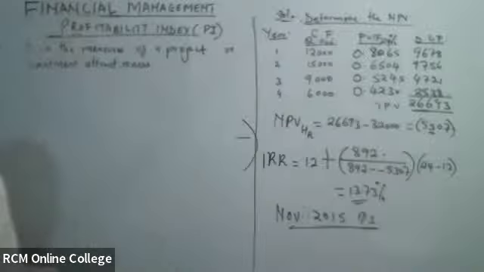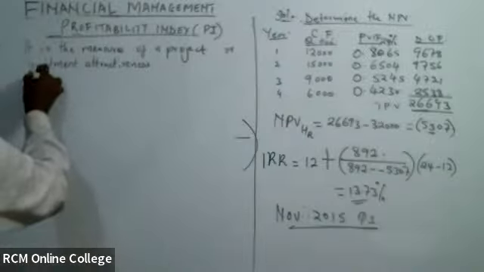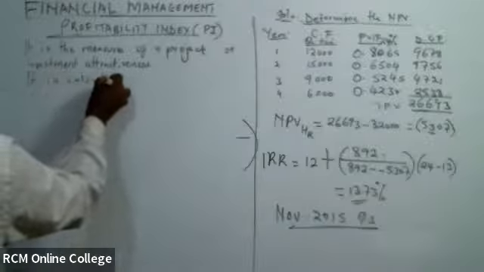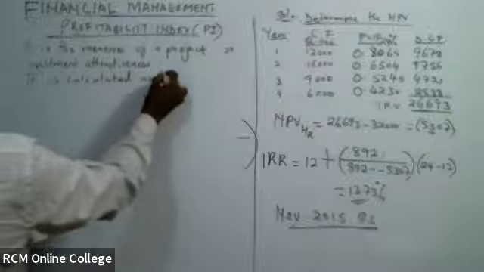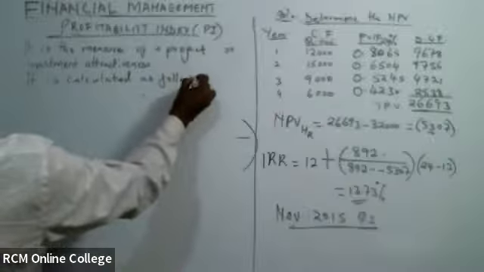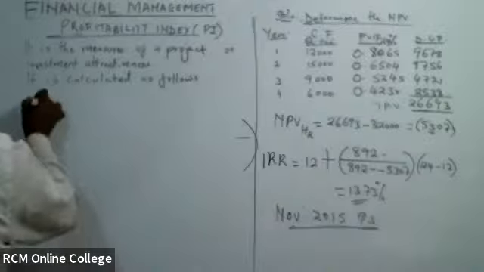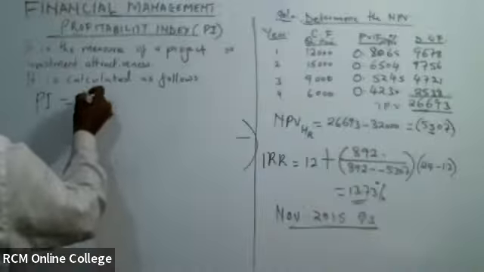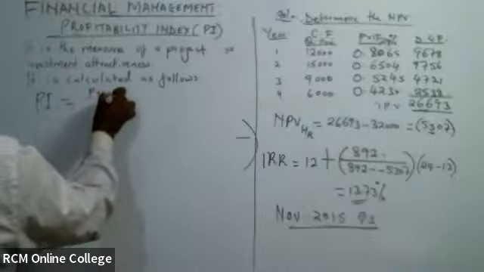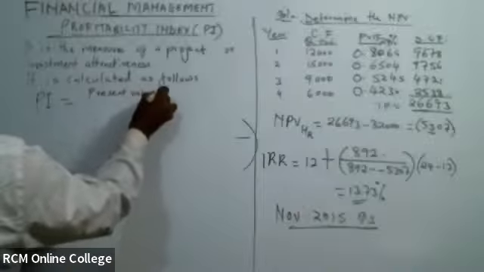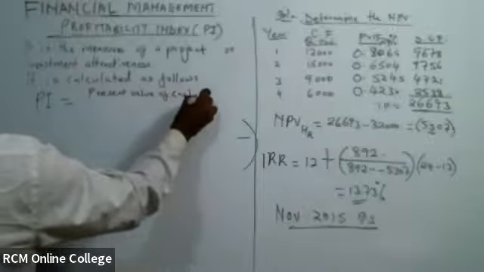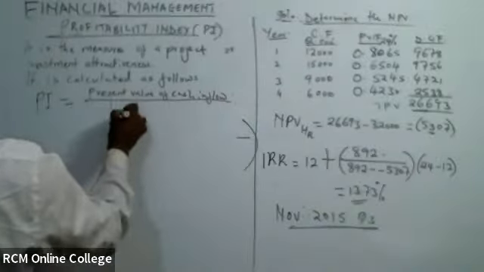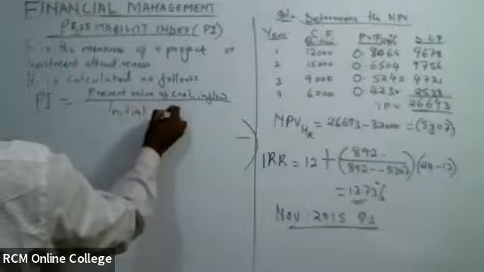It is calculated as follows. So to get the PI, we need to first of all get the present value of cash inflow, divide by the initial outlay.